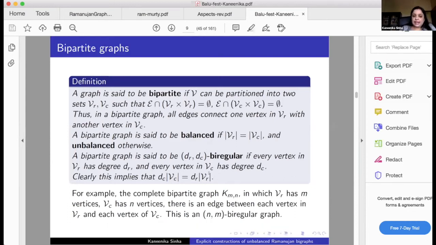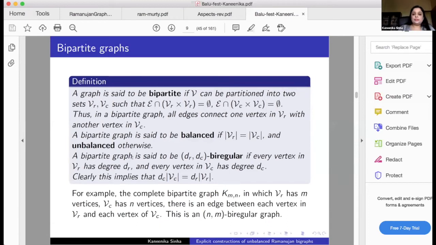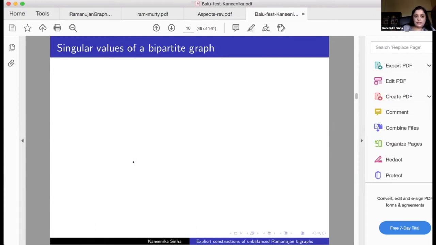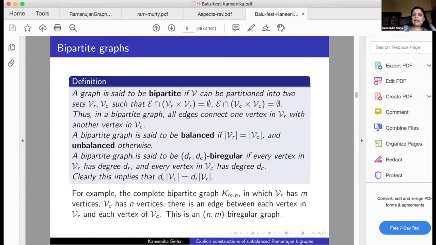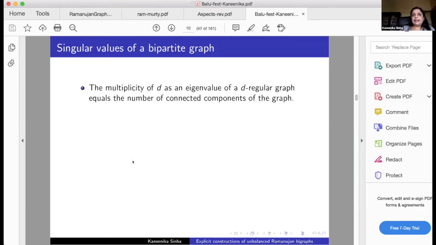Okay, so an immediate example is the complete bipartite graph K_{m,n}, in which you have two vertex sets with m and n vertices, and there is an edge between each vertex in V_R and each vertex of V_C.